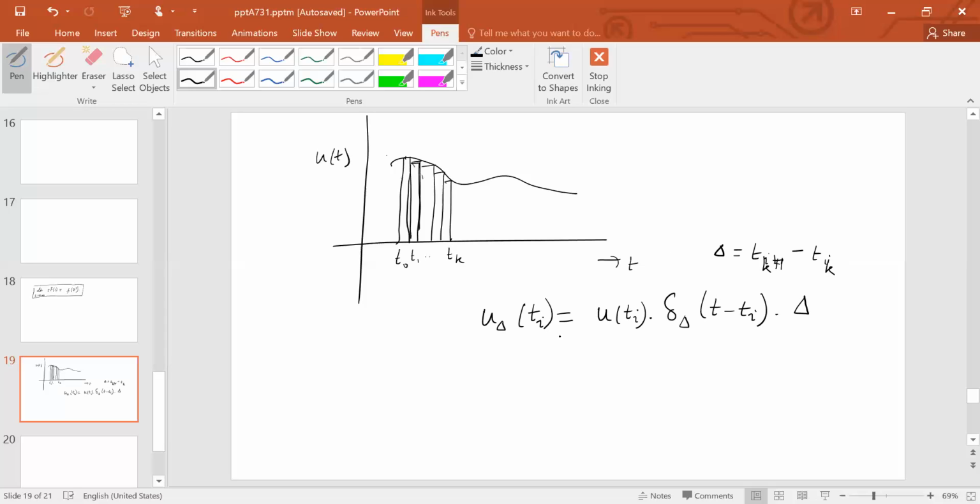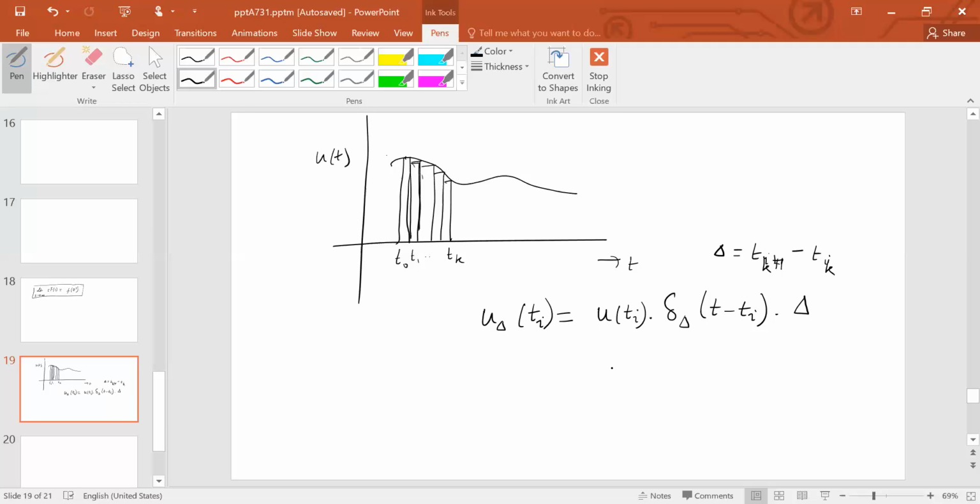So I can approximate this small pulse in this fashion, this function modulated by this magnitude. Otherwise this part has a magnitude 1 by delta. When multiplied by delta, it has a magnitude unity, and then it's further multiplied by u of ti. So that's exactly what the value is.